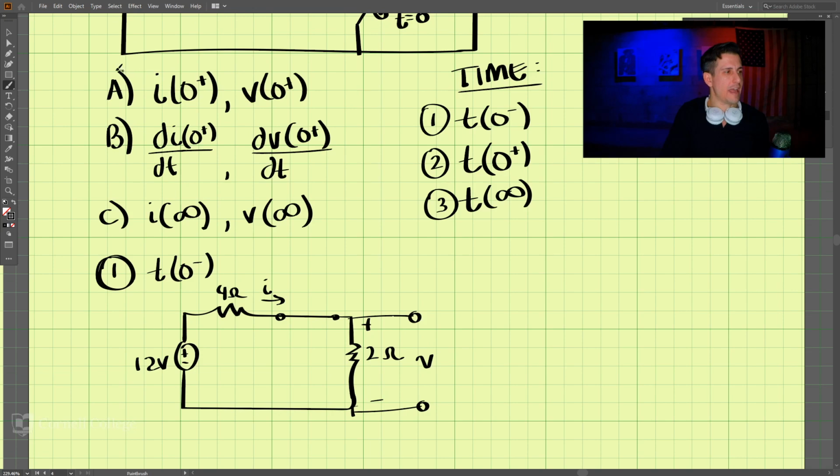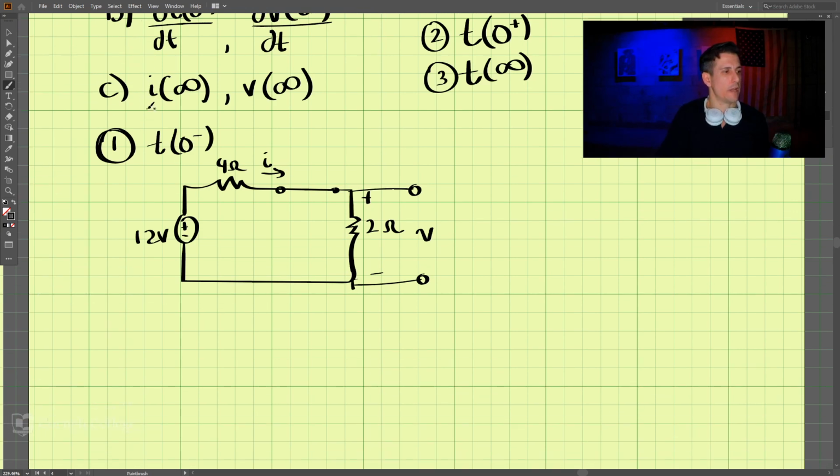So let's solve part A here. I at 0 minus is equal to 12 volts divided by, these two are in series, so that is 4 plus 2, which is 6, and this comes out to 2 amps.